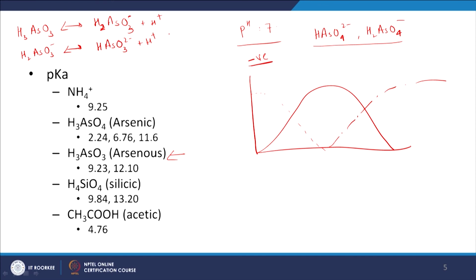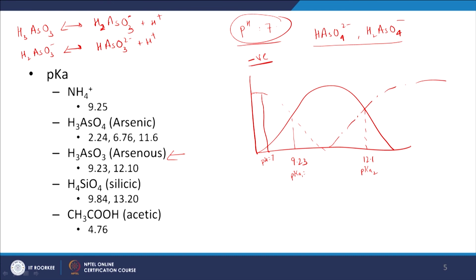So that is what we have here, and the pKa values for that are 9.23 and 12.1. Here we are only looking at pKa 1 and 2, but for our pH of 7, that is going to be somewhere here. As we see, at pH equal to 7, which form predominates now?